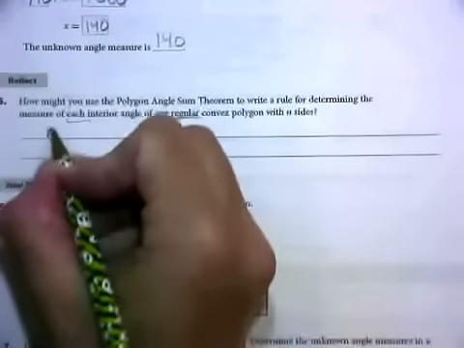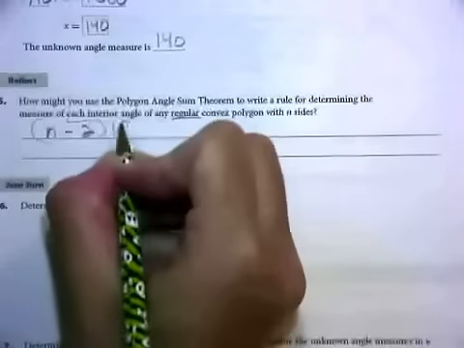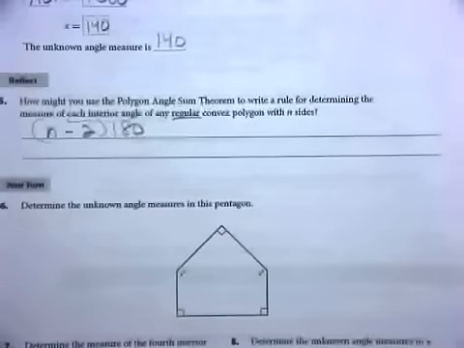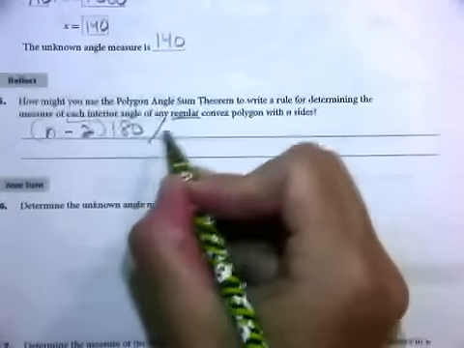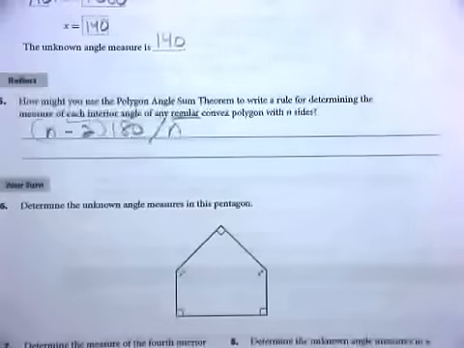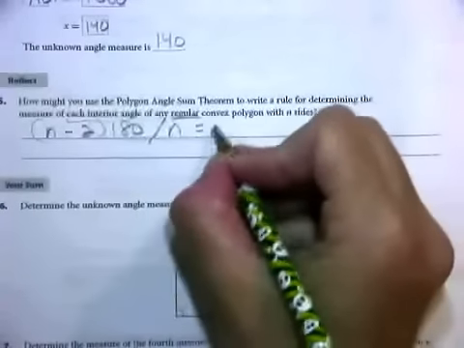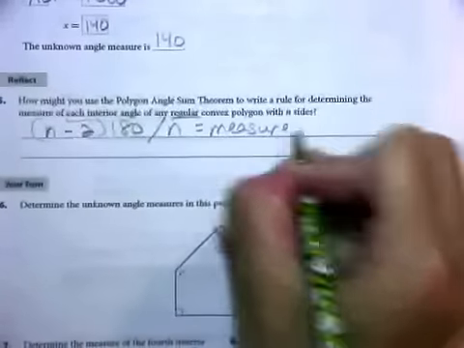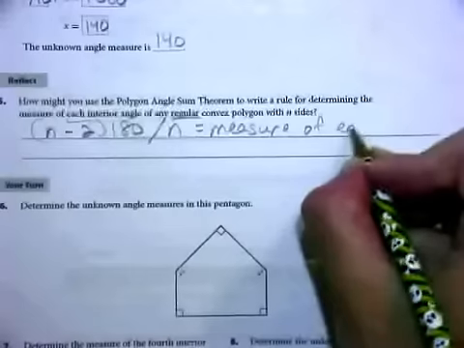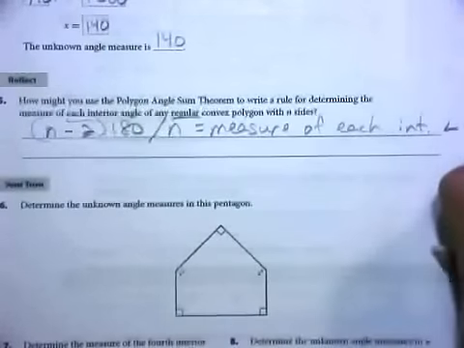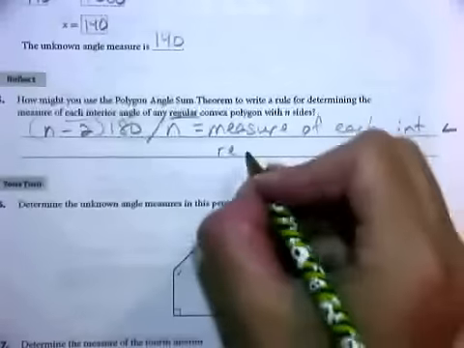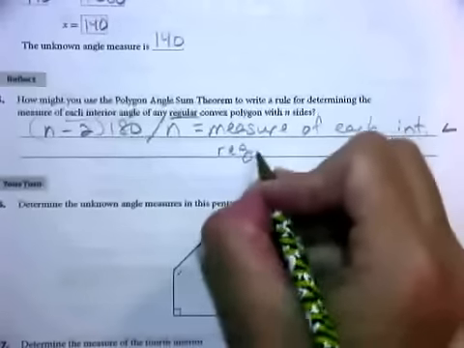Well, the polygon angle sum theorem says that (n - 2) times 180 will give me the sum of all of the angles, and if I take that sum and divide it by the number of angles, that will equal the measure of each interior angle in a regular convex n-gon.